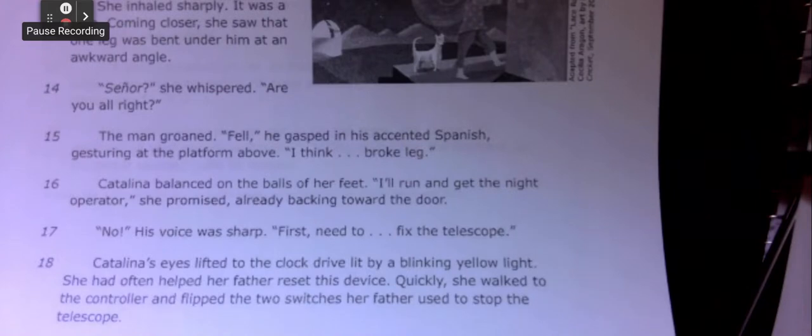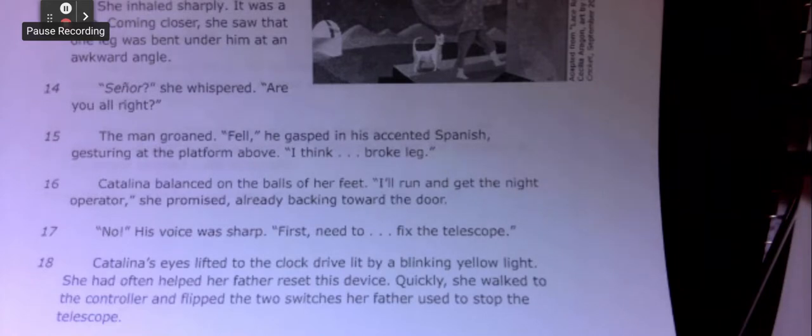"Fell," he gasped in accented Spanish, gesturing at the platform above. "I think broke leg." Catalina balanced on the balls of her feet. "I'll run and get the night operator," she promised, already backing toward the door. "No!" His voice was sharp. "First need to fix the telescope."